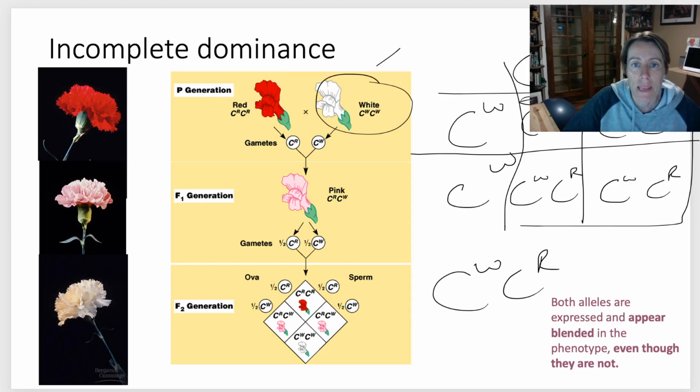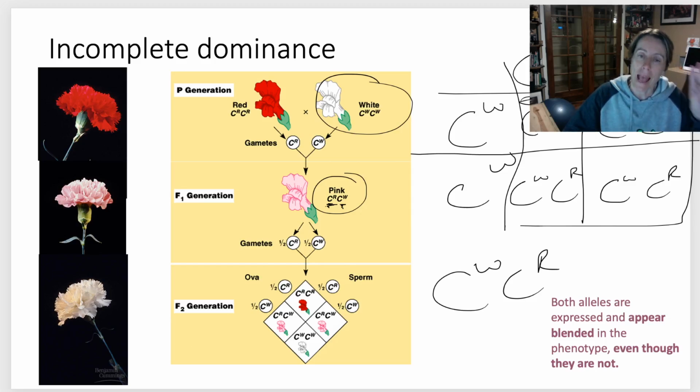This one is making 1,000 white proteins and another 1,000, so it's making 2,000 white proteins, and it's looking super, super white. If you have them together in an individual, like this offspring here, these cells and these petals are making 1,000 red protein molecules and 1,000 white protein molecules. It's making both the proteins. It's making the red and the white, and they're both going into the petal cells.